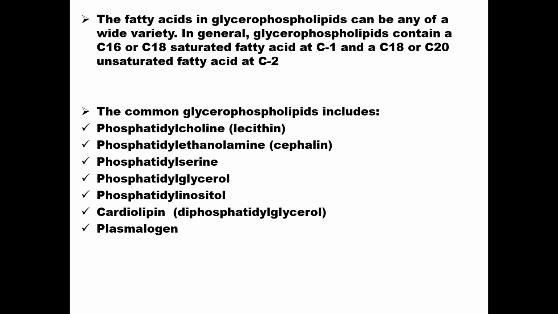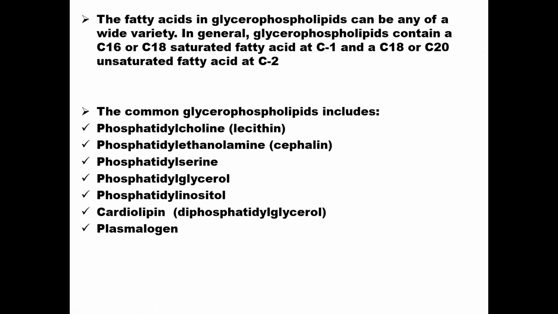Here are some examples of the common glycerophospholipids, which include phosphatidylcholine. In other words, it can be called lecithin. So when we say lecithin, we mean phosphatidylcholine. Then there is phosphatidylethanolamine, which is called cephalin. When we say cephalin, we mean phosphatidylethanolamine.